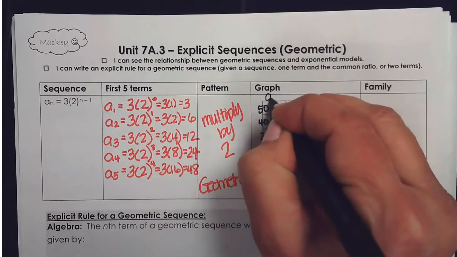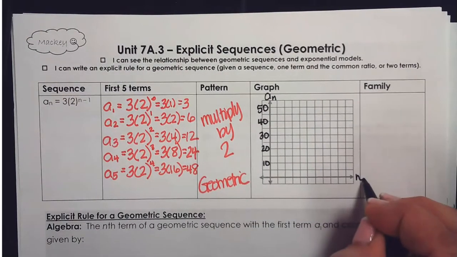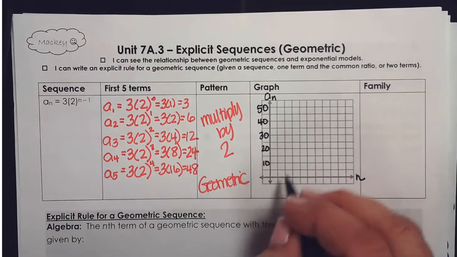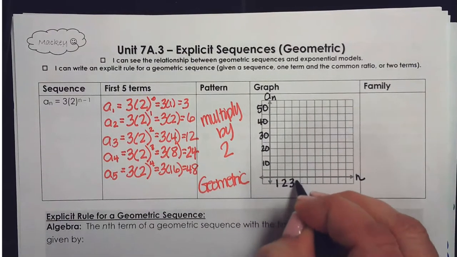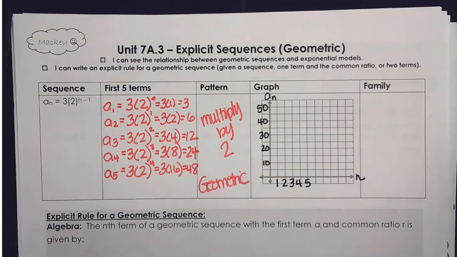And again, I should have labeled these the other day. This is our a sub n, and this is our n. And then I'll just go by ones on this axis. And after we have those labeled, it might be easier for us to plot.